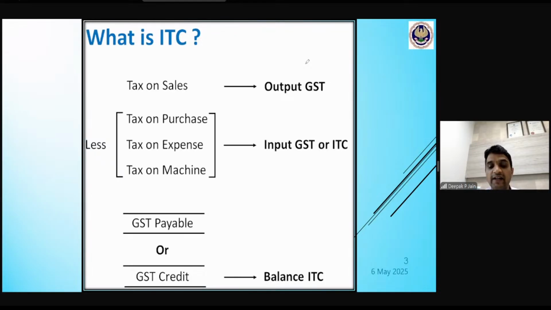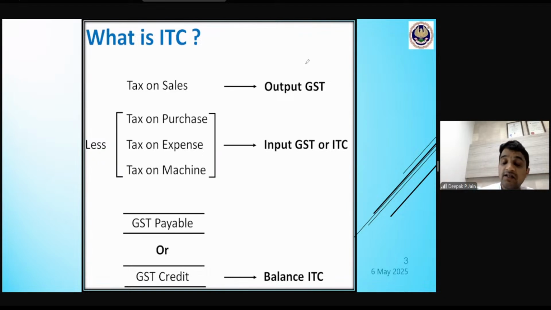So the balance of ITC which is available is your GST credit, and it will arise in such scenarios. The second scenario could be when you are purchasing at a standard price, but selling at a discounted price. There could be various reasons. You want to penetrate the market, you want to capture the market, so you are selling at a lower price.